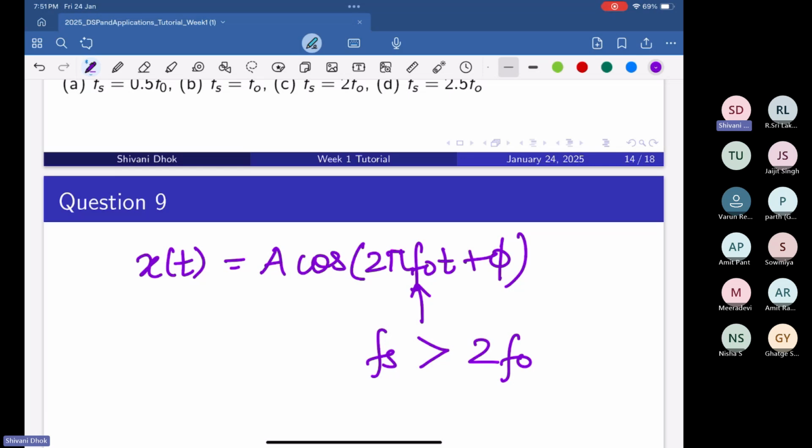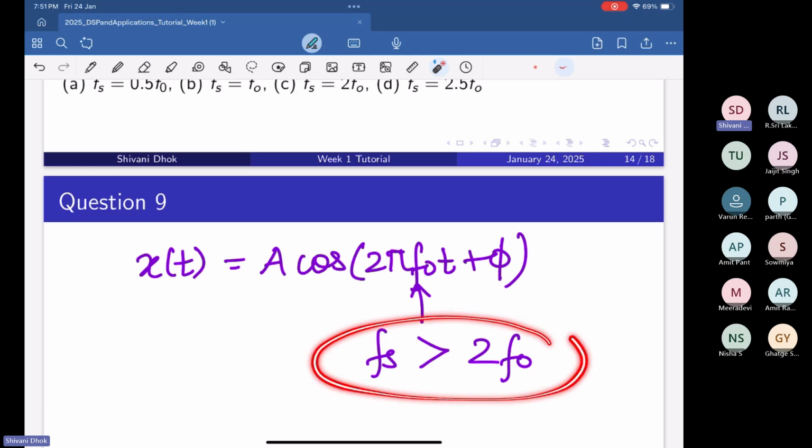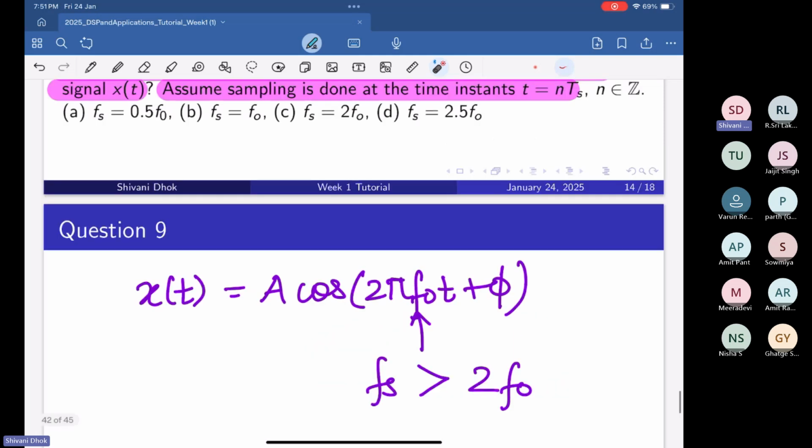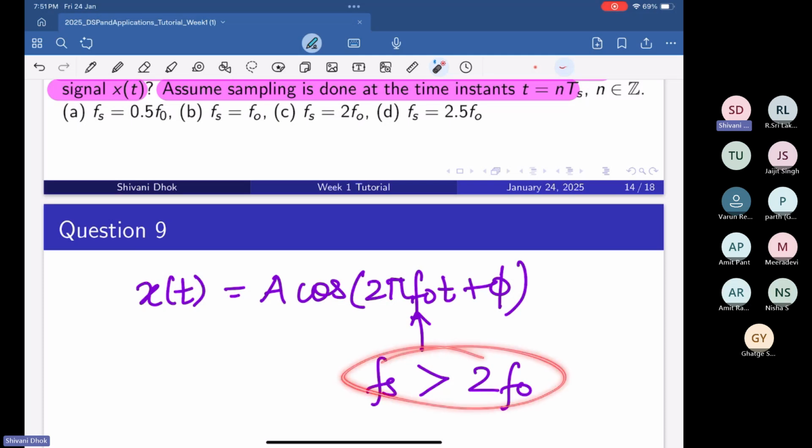Any sampling frequency which is greater than 2 times f naught will give us the proper reconstruction. So which of the given options satisfy this condition? One is 0.5 f naught, another is f naught, another is 2 f naught, and the last one is 2.5 f naught.